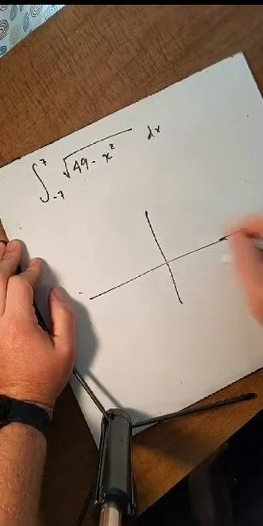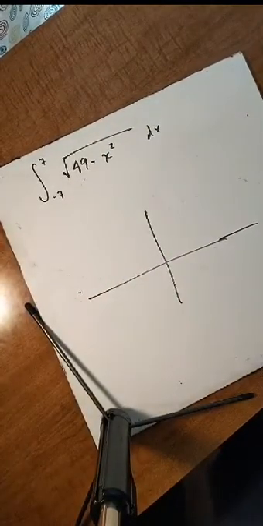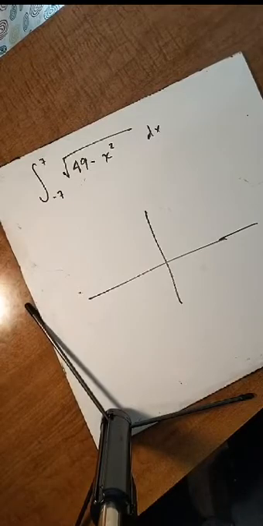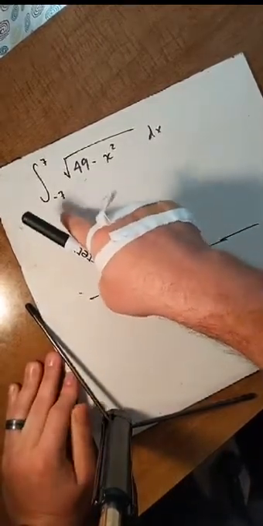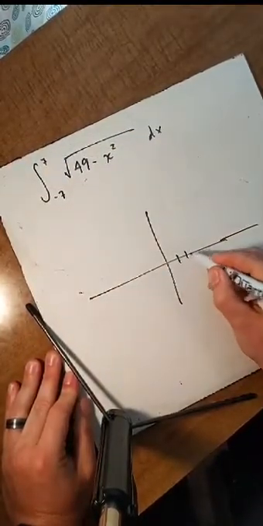So if you know this equation here, that equation is basically a circle equation, but it's just the positive version, so it's just the upper half of the circle. The one thing that's nice about this is we're going from -7 to 7, so this is going to be the perfect semicircle.